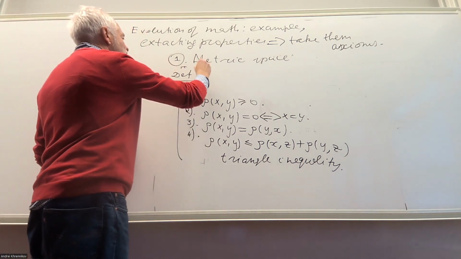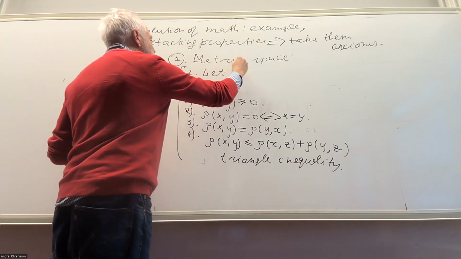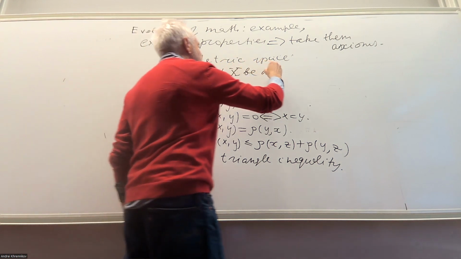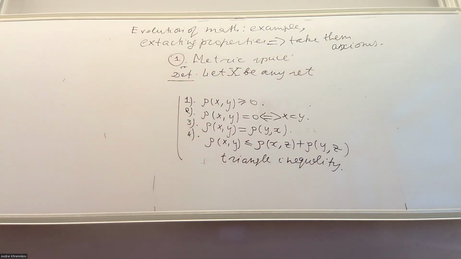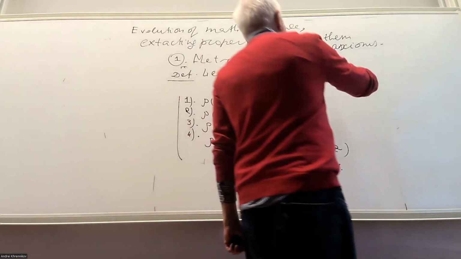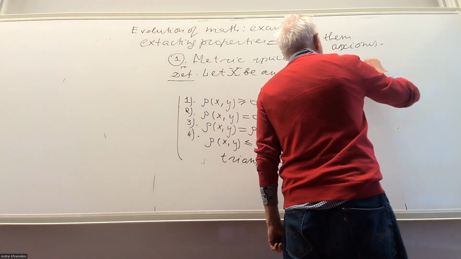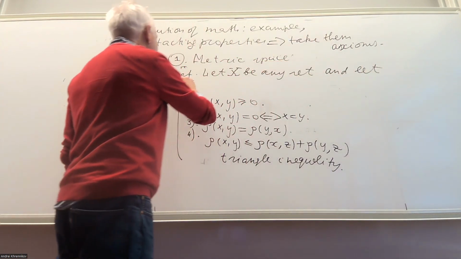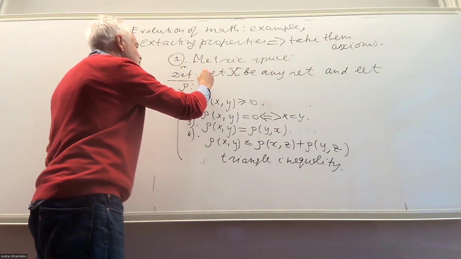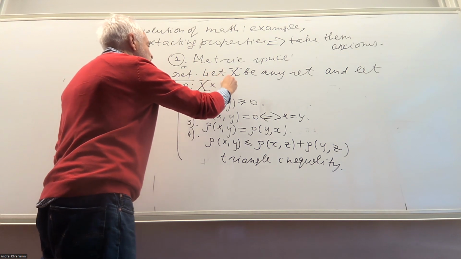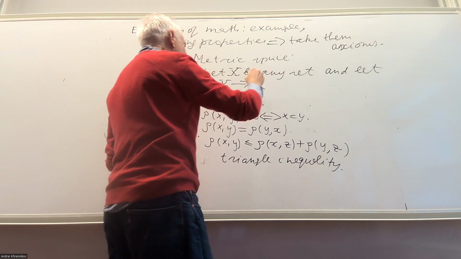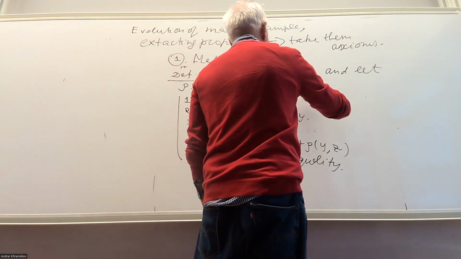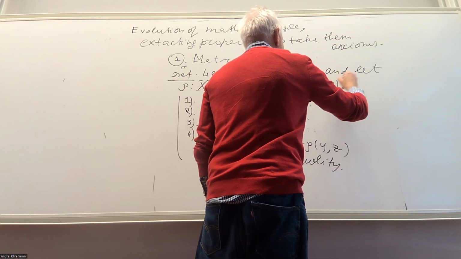Definition. Let X be any set. Any, it can be a space of functions, anything. And let rho, a function from the Cartesian product X by X to the real numbers, satisfy axioms 1 to 4.